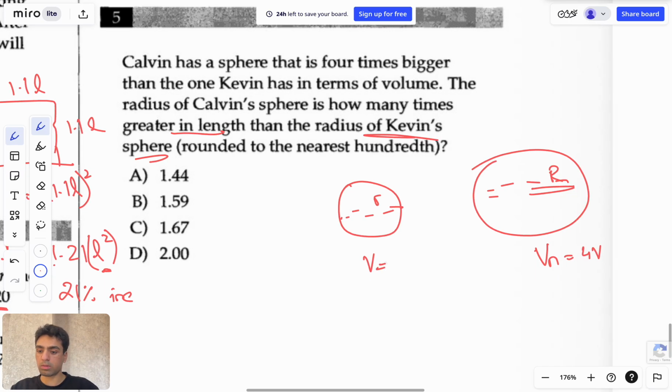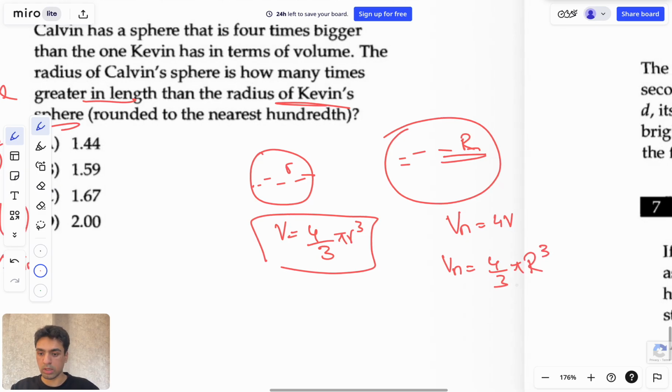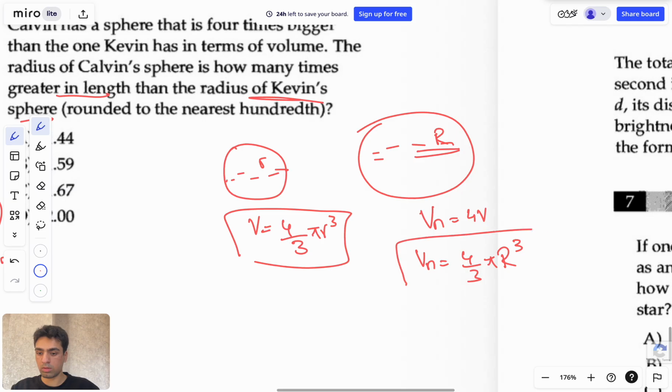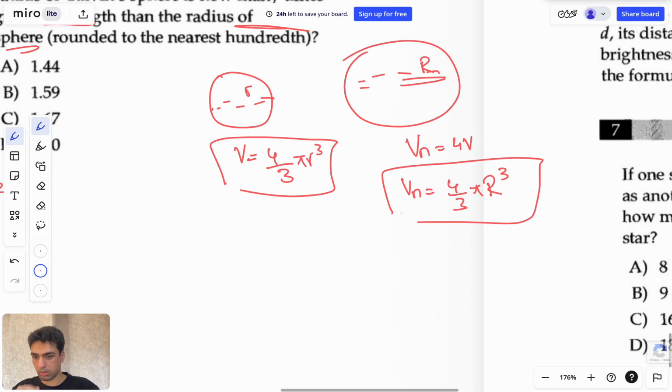Now the formula for a sphere is 4 over 3 pi r cubed. And for this one, it'll be 4 over 3 pi R cubed, because that's the new one. Because it's equal to 4 times this, we can substitute: 4 over 3 pi R cubed is equal to 4 times 4 over 3 pi r cubed.